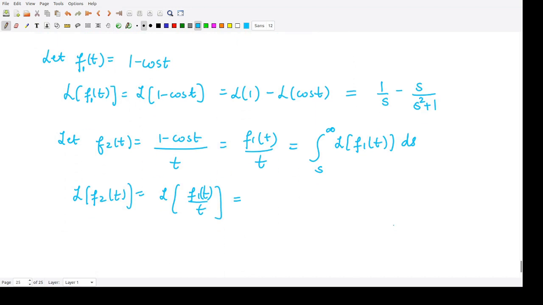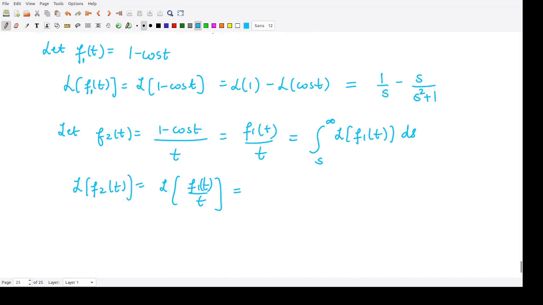And we have just calculated the Laplace transform of this f1t. It is equal to this whole quantity. So we substitute it here.